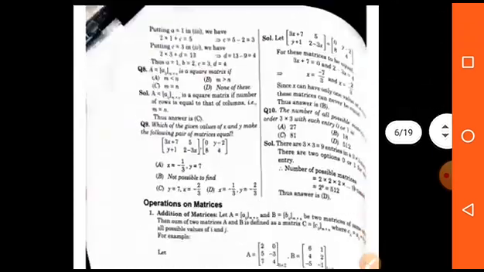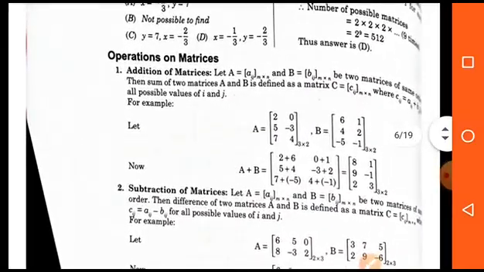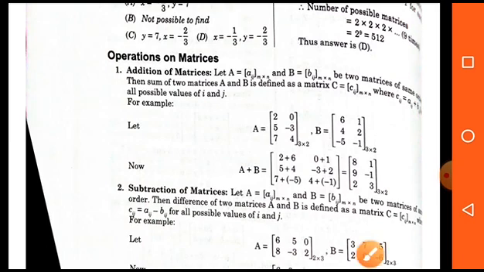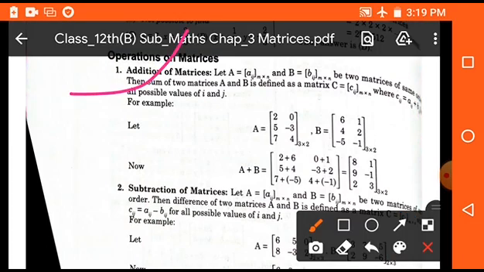Okay students, now we will discuss operations on matrices. That means there are a number of operations which can be applied on a matrix, like addition of matrices. So how can we add two matrices? In order to add any two matrices, we simply add their corresponding elements.